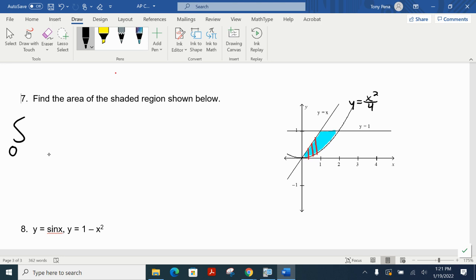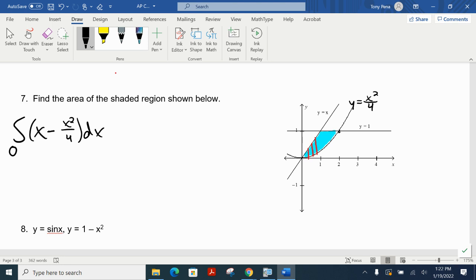So any of these rectangles here, this line y equals x is on the top of any rectangle within that region. So the top curve, or function, is x. The bottom of all of these rectangles is this parabola, x squared over 4. So right now we're saying when we start at 0, the line x is on top, the parabola is on the bottom.